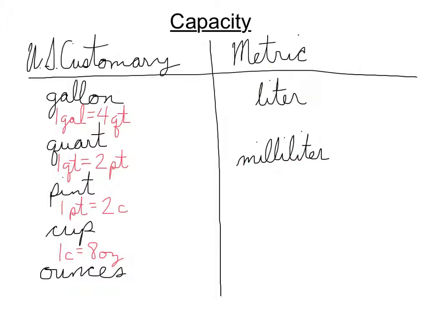And so the conversion is 1 liter, which liter is abbreviated with a capital L. So 1 liter equals 1,000 milli, small l or small m, excuse me, and capital L for liter.